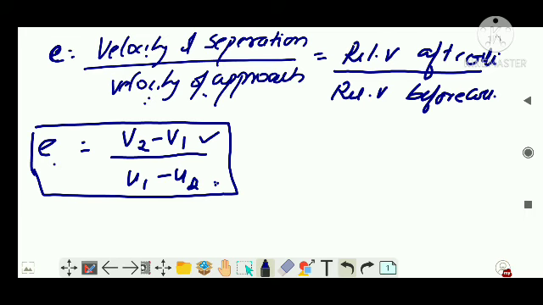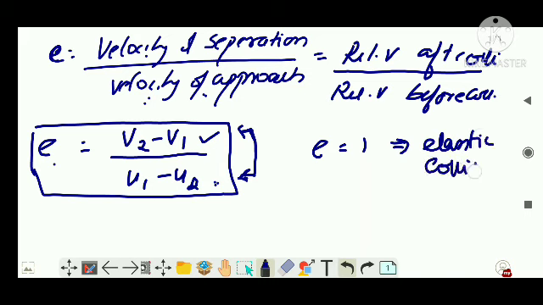Now in the case of an elastic collision, the relative velocity between the bodies before and after collision are equal, so if e's value is equal to 1, you can perfectly say that it is an elastic collision, right?